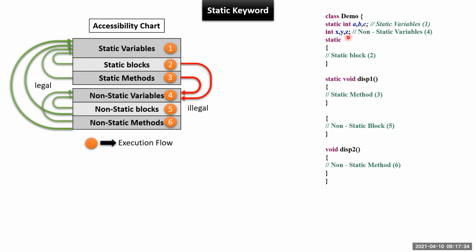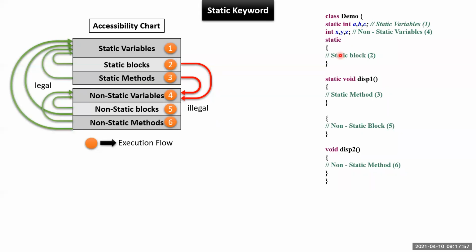Then we have non-static variables, which are executed at the 4th. So we have x, y, z. Non-static variables, as you can see, are nothing but the instance variables. All these days, whatever instance variables you have created, you have been creating non-static variables. Then we have a static block. Now, you have never seen anyone writing a block.